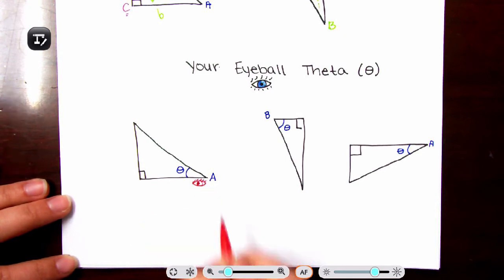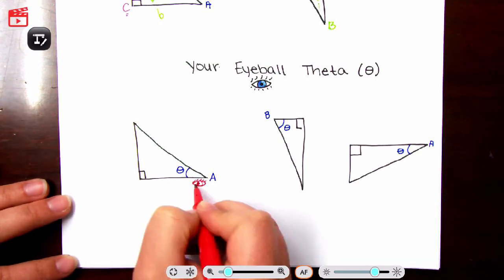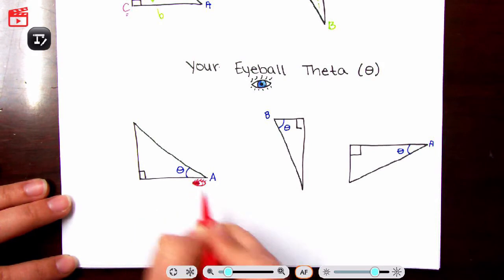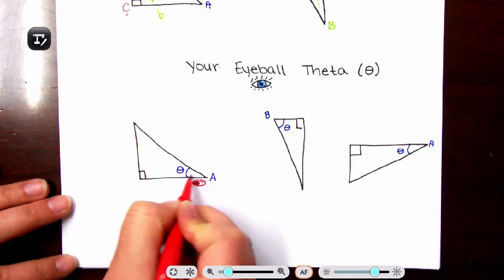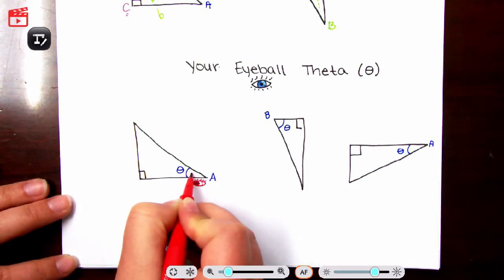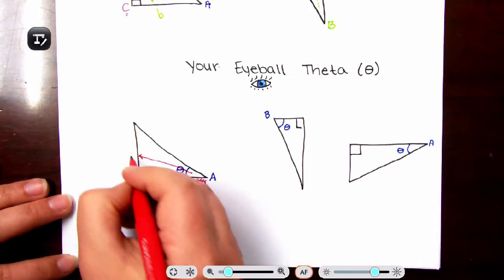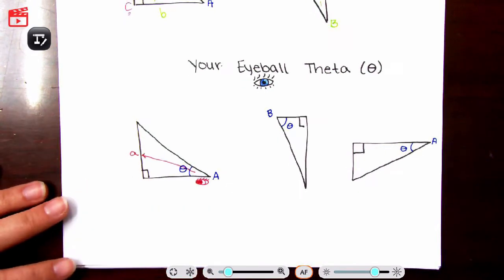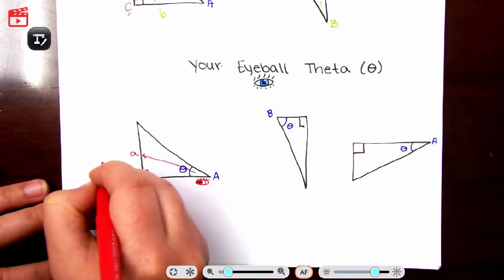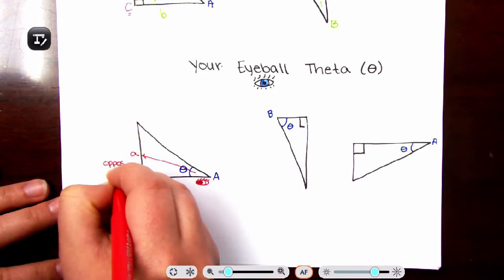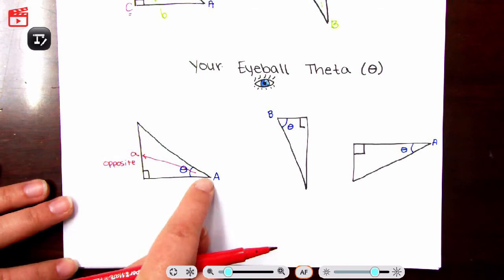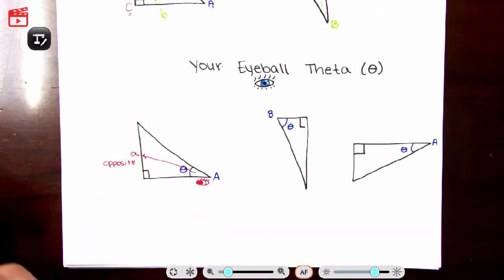You can tell I'm not an art teacher. That's okay. But we're looking this way, right? So out of the point of view of theta, the side across the street, lowercase a, little a, this is your opposite because it's opposite A.